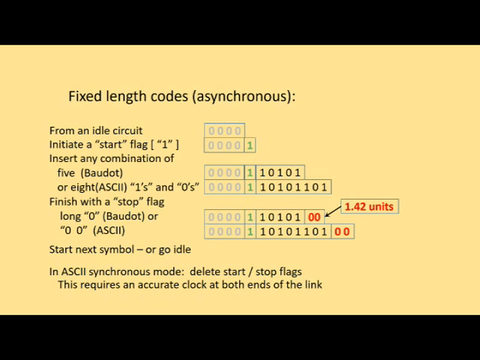After that, there can be combinations of 1s or 0s, 5 in Baudot or 8 in ASCII, and that sequence must be followed by a return to the idle state, which is 2-bit zeros in ASCII, and a shortened 2-bit zero in Baudot, 1.42 units long. After this, the next start pulse can occur, or the circuit can go idle. In synchronous mode, the start and stop pulses may be omitted, but this requires a very accurate clock and timekeeping at both ends of the link.